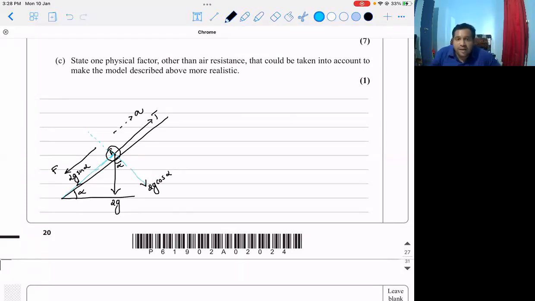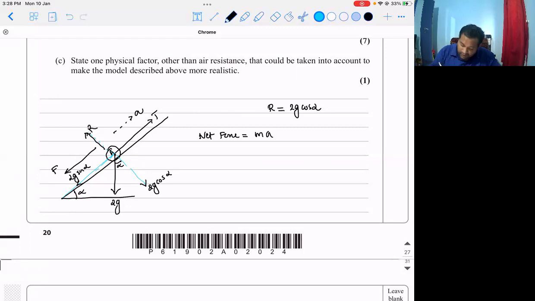The acceleration is upwards. And the normal reaction is acting in this fashion. So if you're resolving, the normal reaction is equal to 2g cos alpha.